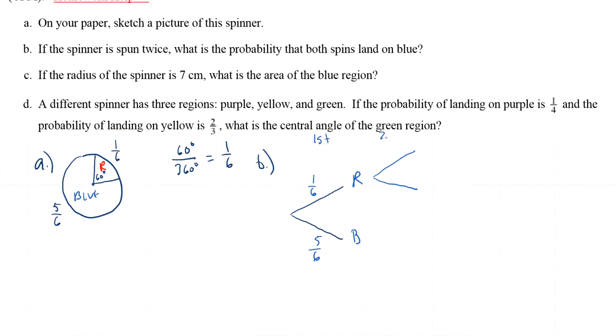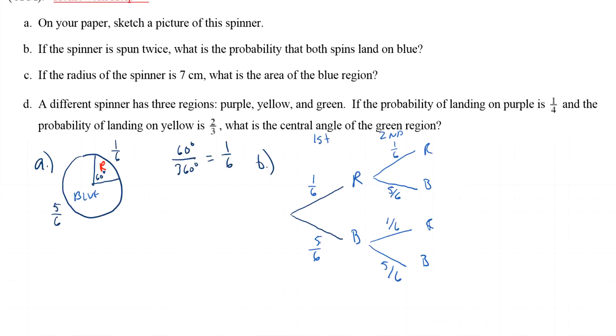This is the second spin, and it's the same as the first. You either have red or you have blue, and this is 1/6. Likewise here, this is red and blue, and this is 5/6. This is 1/6. This is 5/6.